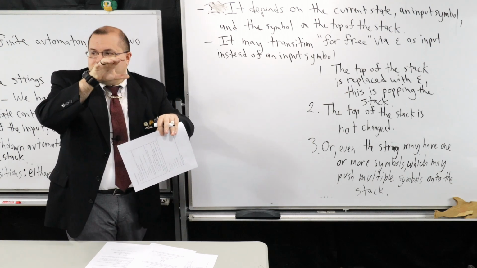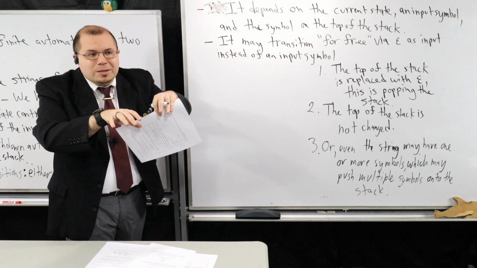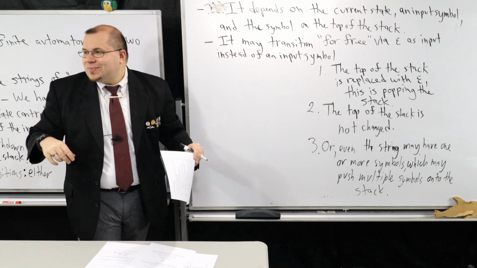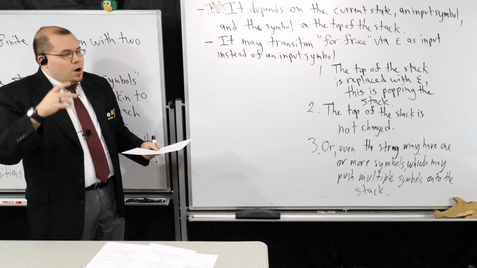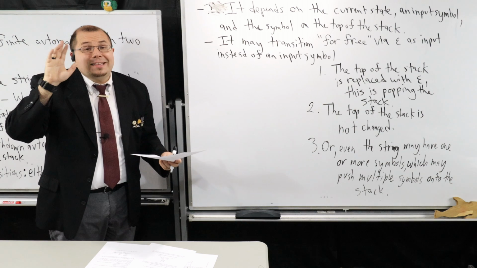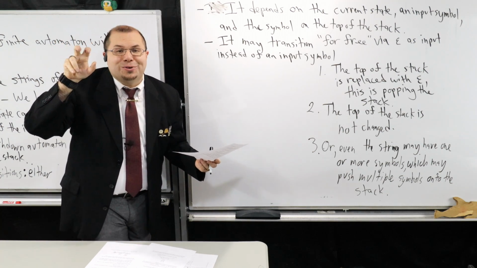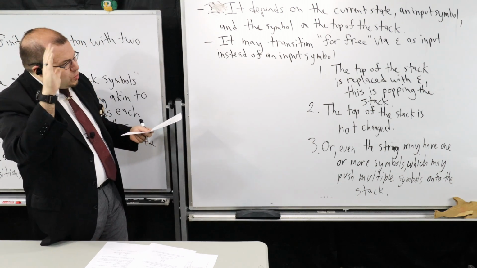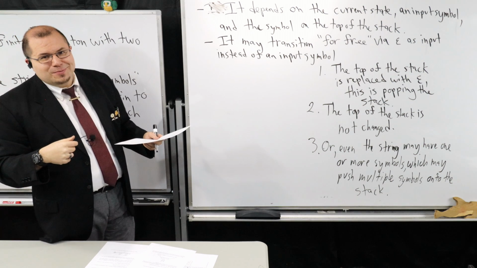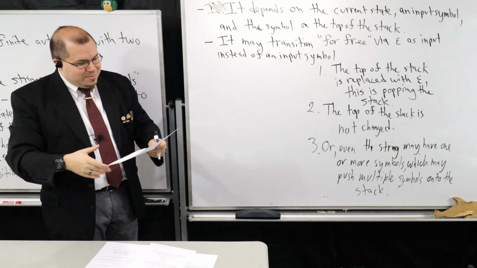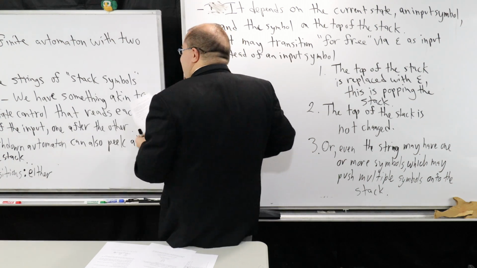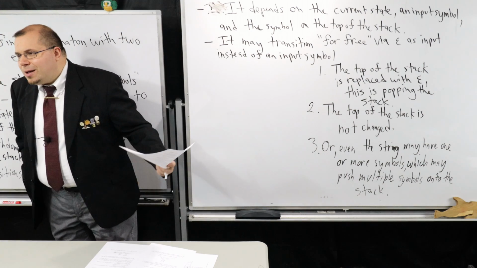I'm going to have a transition on a state, and I'll be able to peek at the top of the stack, and they'll tell me what I'm supposed to do next. This stack basically allows it to remember stuff. And based on that memory, we're going to be able to do things with context-free languages. That's going to be our idea. So I just want to give you an idea of what exactly I can do with this. Is it okay if I move on over here?